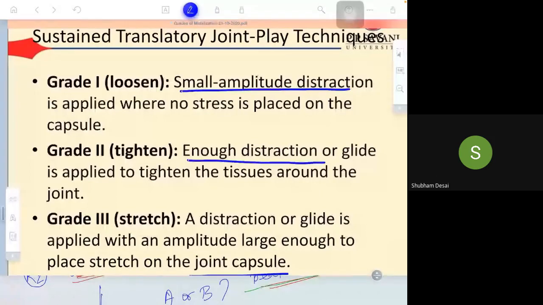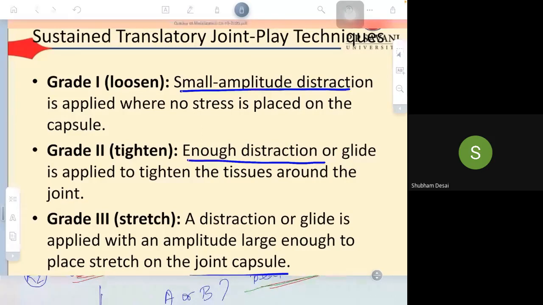Enough distraction: you are applying distraction so that the tissues are just becoming tight. In Maitland, it is called up to slack. Clear? You are distracting the joint up to the limit. Till where you feel resistance, you are separating the joint.